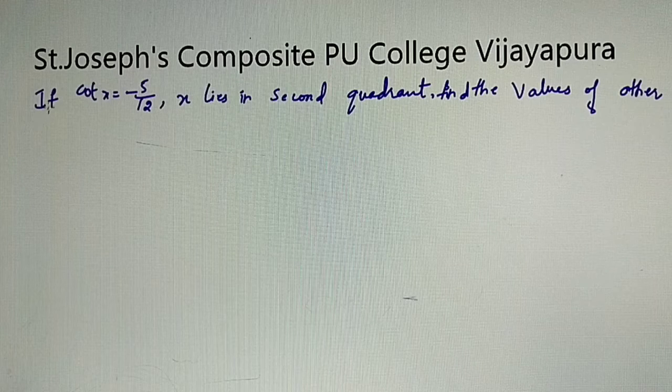Find the values of the other 5 trigonometric functions.